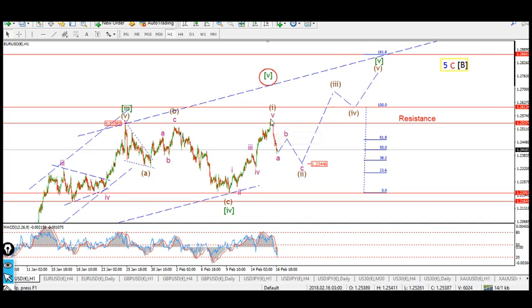The reason I'm talking about a possible completion this evening is this alternate count high for wave 5 in green here was projected to a minimum break of the wave 3 high. That wave 3 high was 125.37. So at a minimum, you expect wave 5 to break that high, apart from in the rare case of a 5th wave failure.